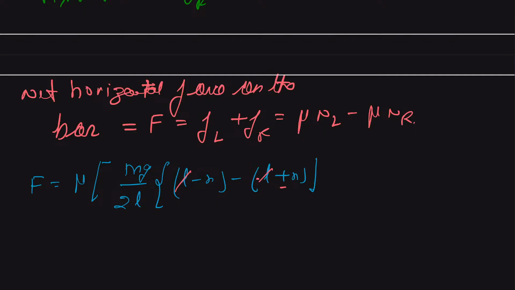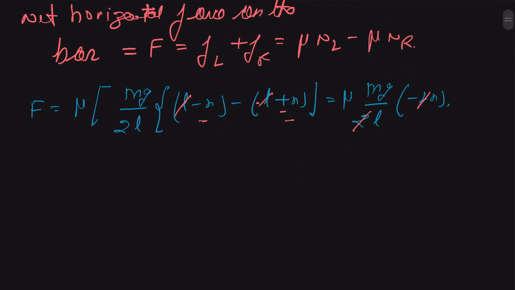So L and L are going to cancel out. This will be minus x and minus x, which will be minus 2x. So we get mu mg upon 2L times minus 2x. Here this 2 and 2 also cancel out. So we get that our force F will be equal to minus mu mg upon L times x.